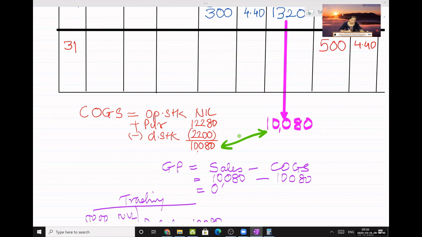But in this sum, sales at selling price is not given. So what will I assume? Sales at cost price 10,080. COGS is 10,080. There is no gross profit. Selling price minus cost price is profit, right? You don't have a selling price, your cost price is your selling price, so it will be zero.